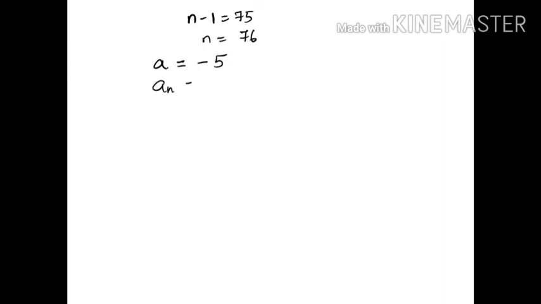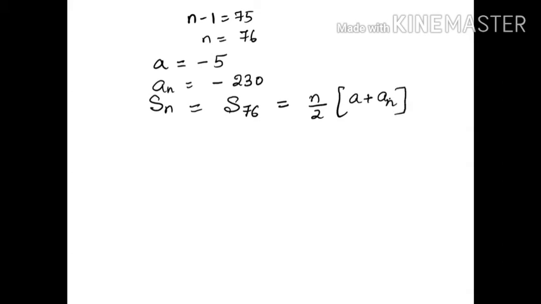The nth term of the AP is minus 230 and n is, as we found, 76. So we can find out the sum of these n terms, which is equal to S76, by using the second formula, that is n upon 2 times the sum of the first term and the last term.